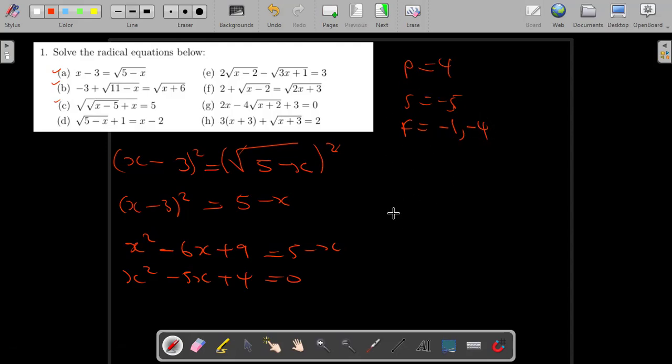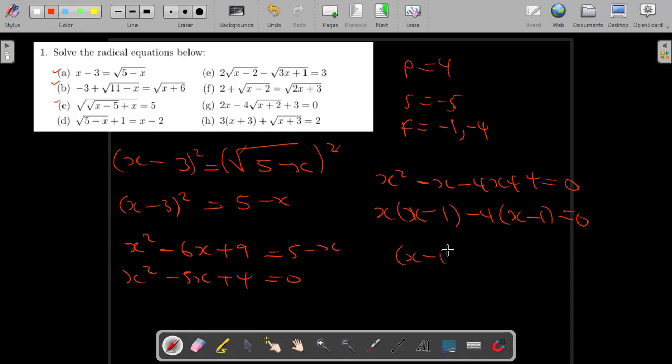This gives me x squared plus x plus 4x plus 4 equal to 0, and I can factorize by grouping. So I have x times (x plus 1), then plus 4 times (x plus 1) equal to 0. Then I just remain with x plus 1 and x plus 4 equal to 0.